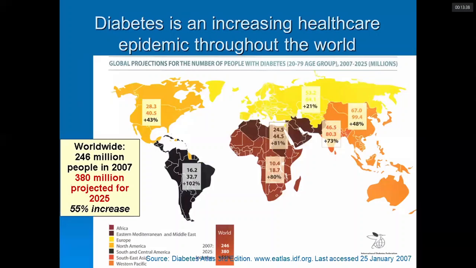We have about 250 million people in 2007, increasing by 55% until 2025. Lifestyle is very important, and exercise and weight reduction are needed to avoid this increase in diabetes.